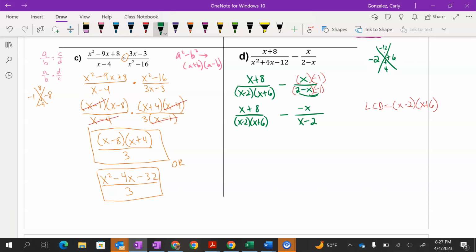So we're really trying to get both of them to be the x minus 2, x plus 6, and over on the right, we're trying to get an x minus 2 and an x plus 6. That's what our goal is. And then one other thing you notice is we have this minus a negative. These two right here will turn into a plus x.